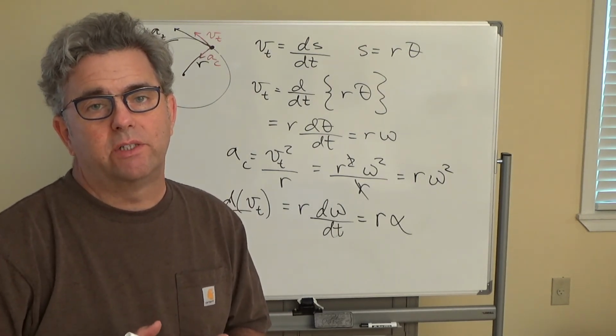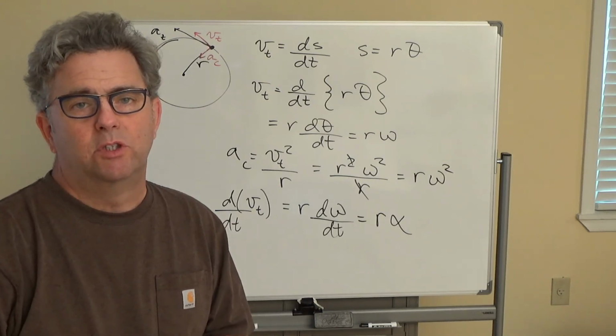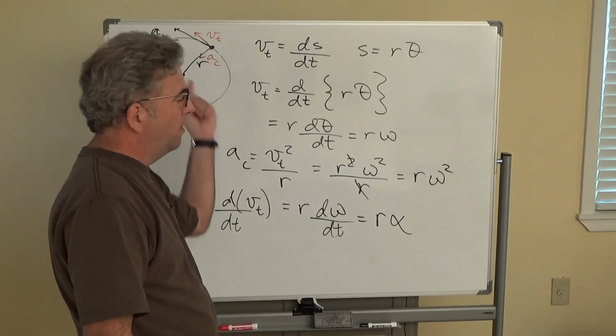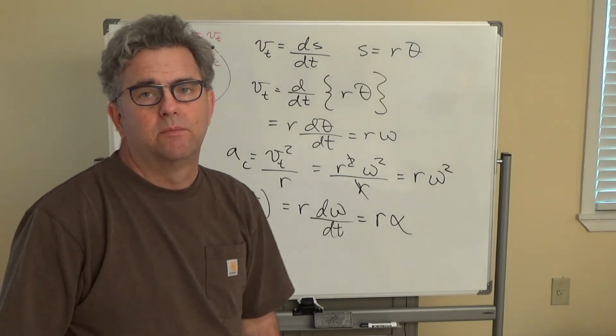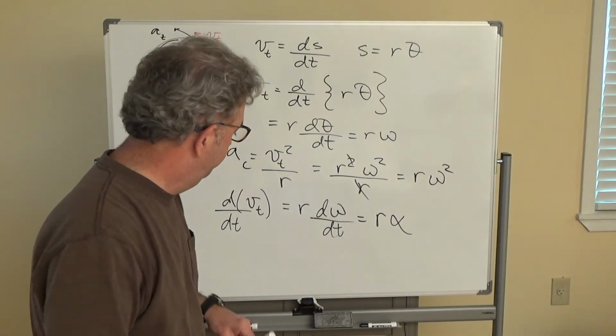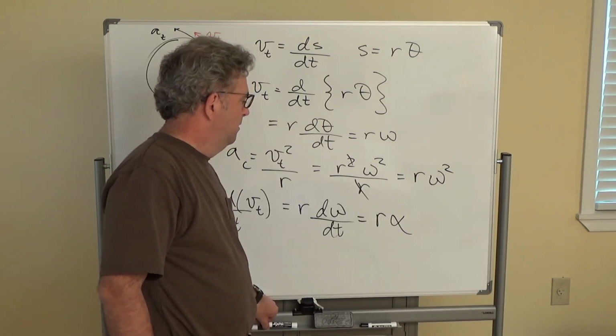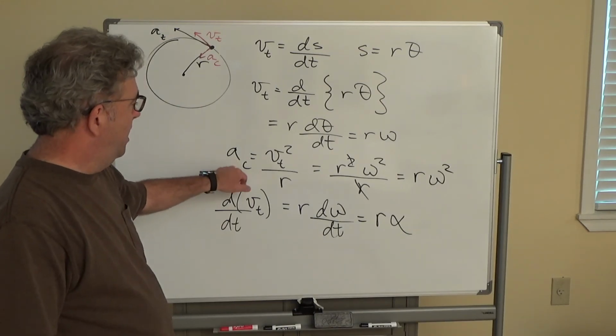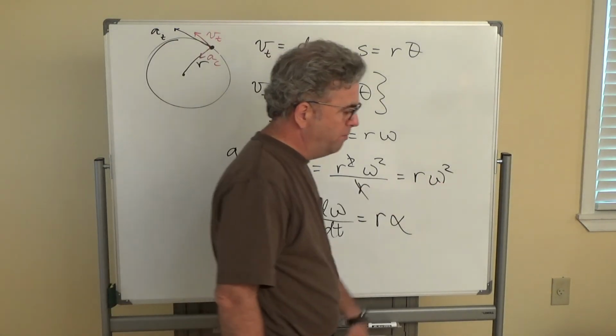You have an angular acceleration alpha, you multiply by r, whatever radius you're at, that gives you the acceleration of that point. Okay? These two are easy. This one you have to do a little work, but you get an r omega squared.